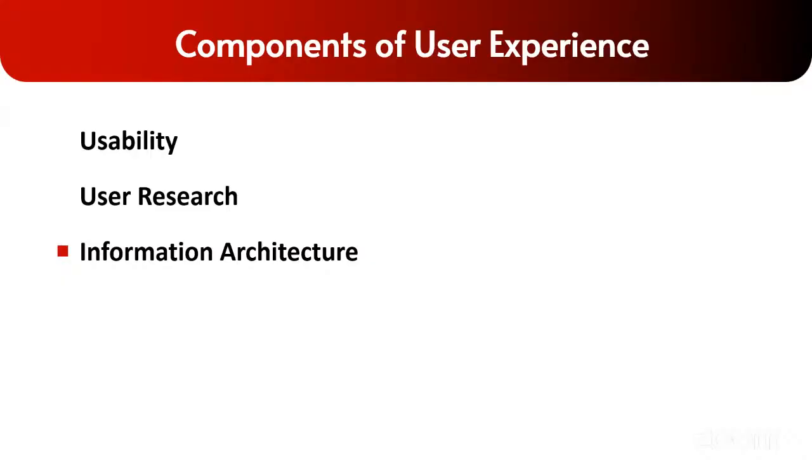You see? So information architecture is how things like buttons and links are arranged in that digital product. The structural design of information, such as the way you navigate and the content organization, making it easy to find, is what we call information architecture.